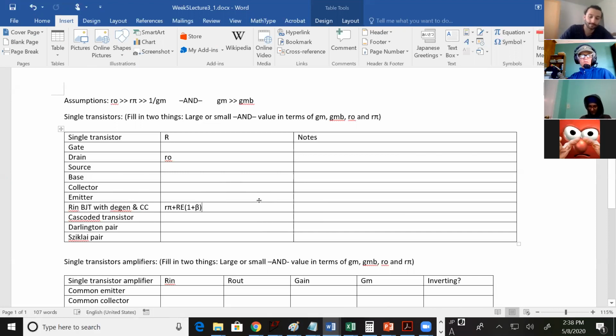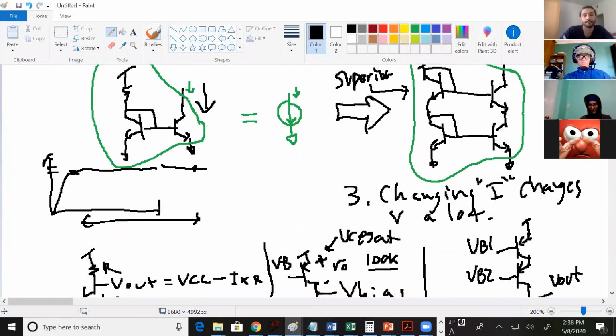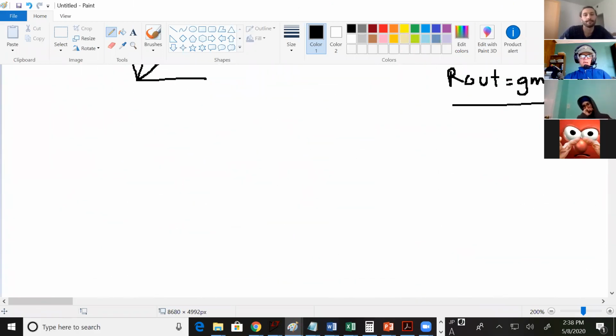Okay, what about a collector? Okay, so let's do that one real quick. Did the MOSFET just a second ago, but let's do this one too.